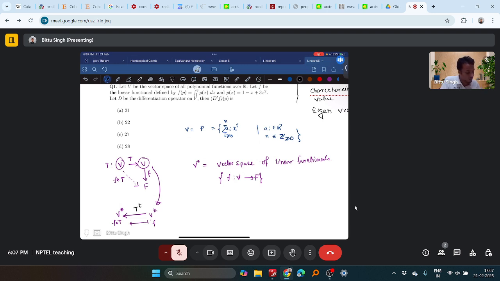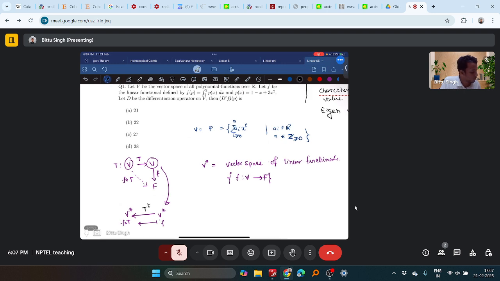And why does the notation transpose arise? It is because of a property of the transpose.